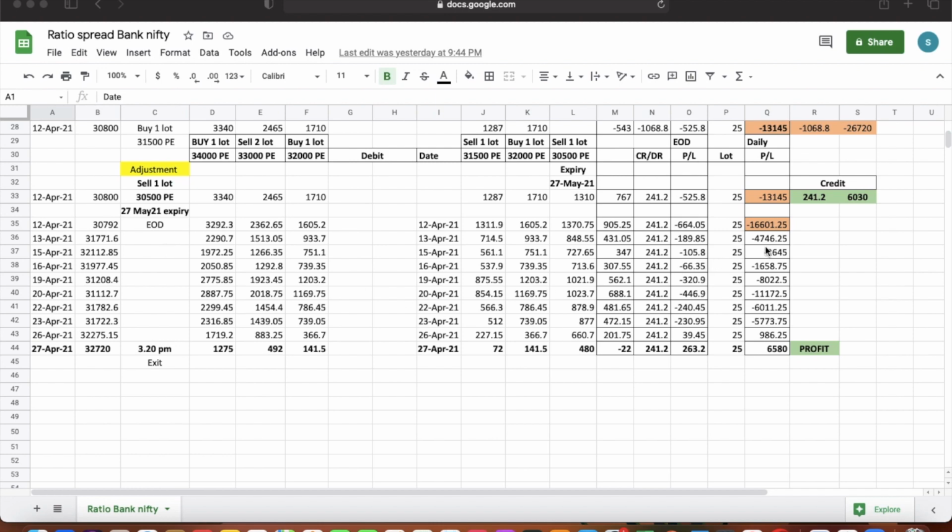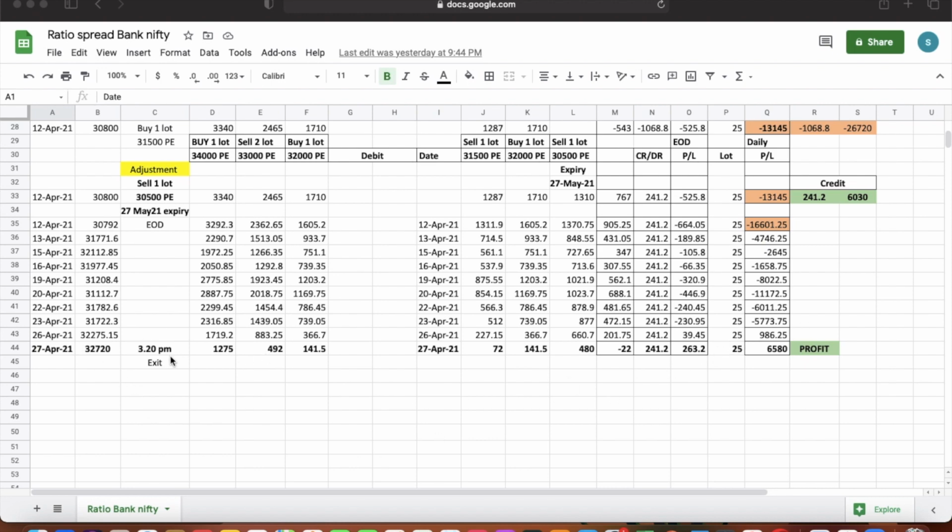Our loss has now reduced from 16,601 to 4,746. On 15th April 2021, our losses further reduced to 2645. Similarly, on 16th April and 19th April, we checked the trade. 20th April is minus 11,172. 22nd April is minus 6,000. 23rd April is minus 5,700.